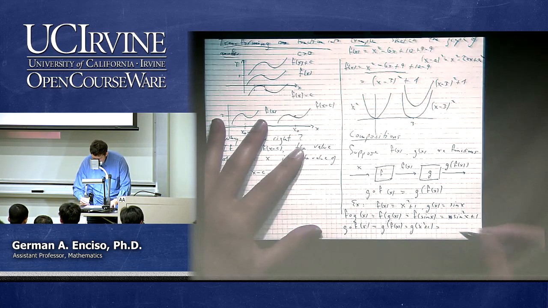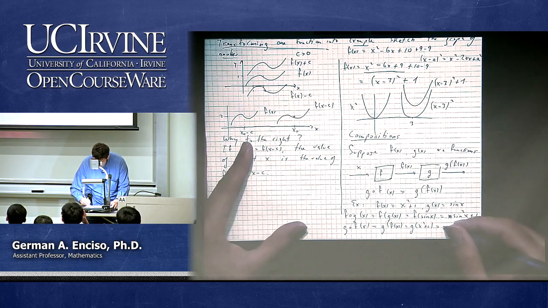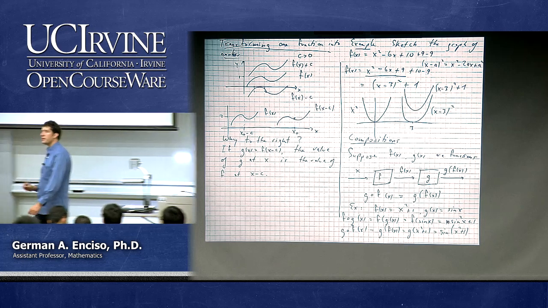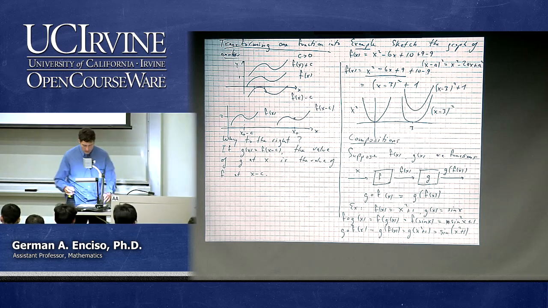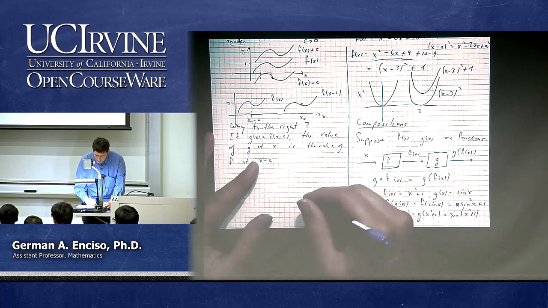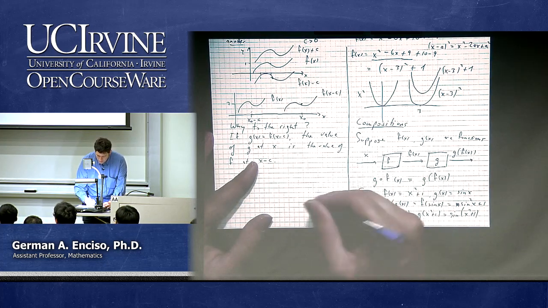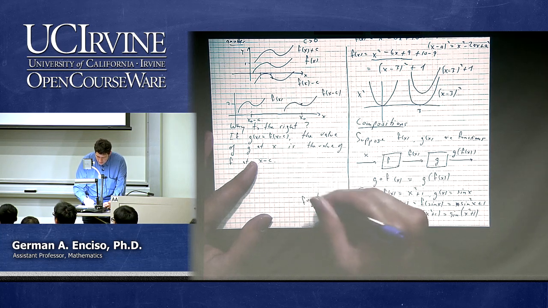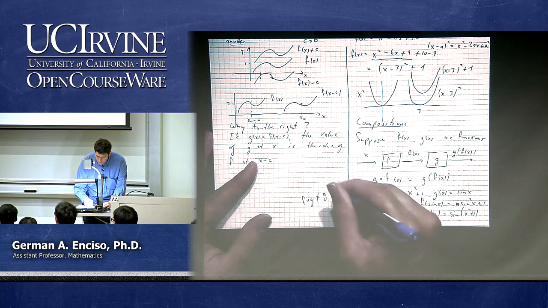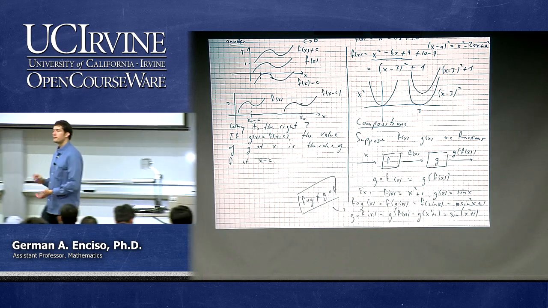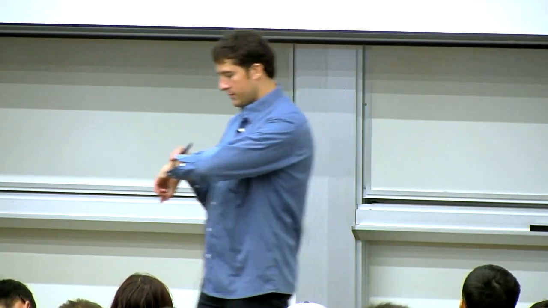So g of that is sine of x squared plus 1. Very different from the other one. So we can conclude that f composed with g is not necessarily g composed with f. You should keep that in mind. And we're done.